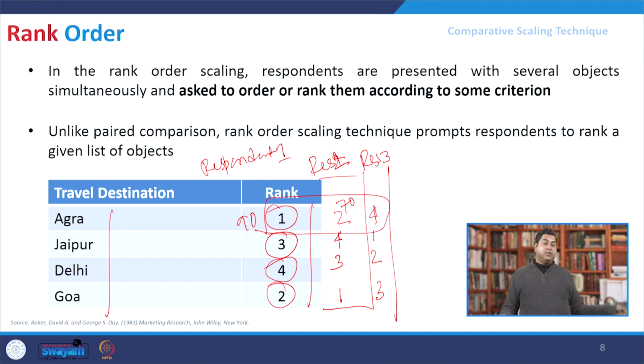This is different from direct rank order. There are challenges, and whenever you have more objects to rank, it is very difficult because we cannot make the trade-off. Up to 5 or 6 is still okay, but more than that it is very difficult. So, in such cases we go for rating rather than ranking.